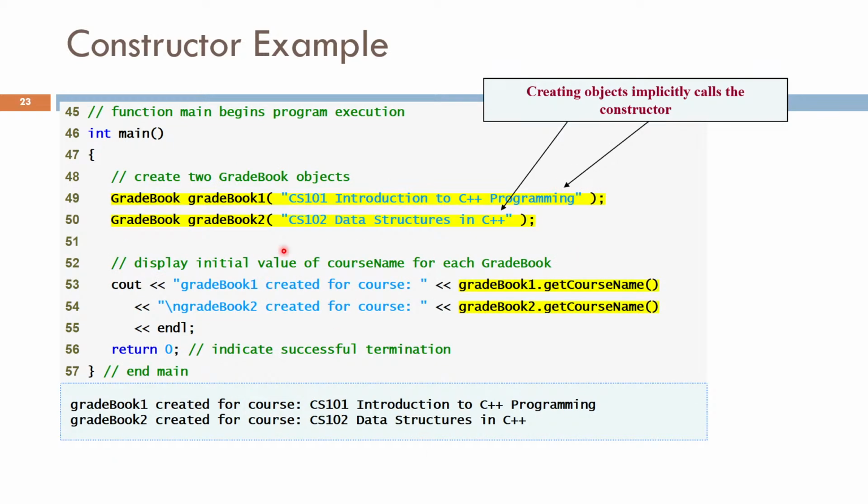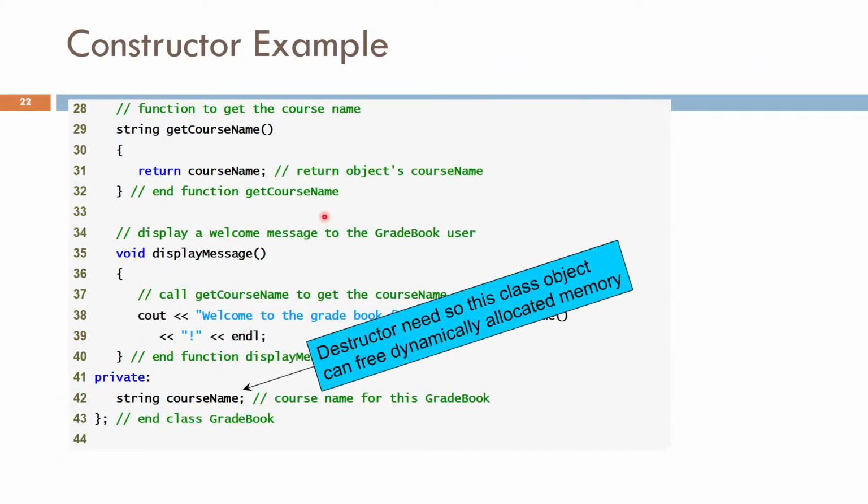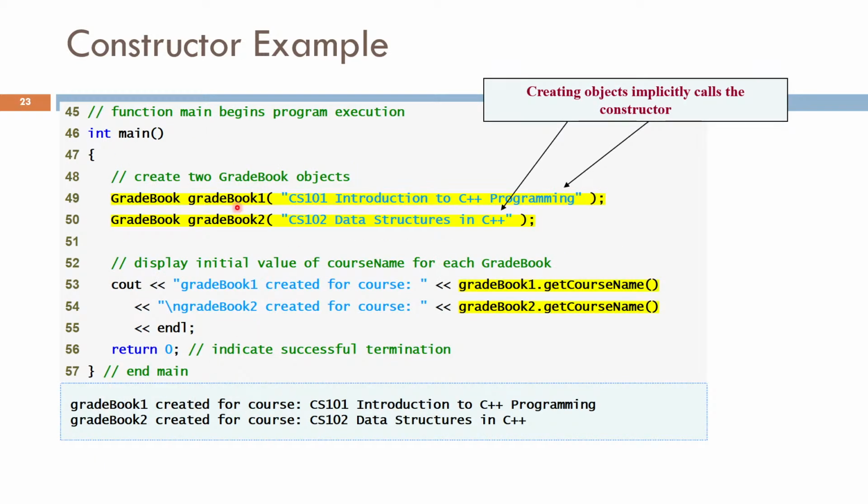So if we create two objects here of class type gradebook, and we say it's gradebook 1 and gradebook 2, we can actually allocate memory to that private data member variable, named course name. Upon creation of gradebook 1 and gradebook 2, I put in the string as our input for the brackets.